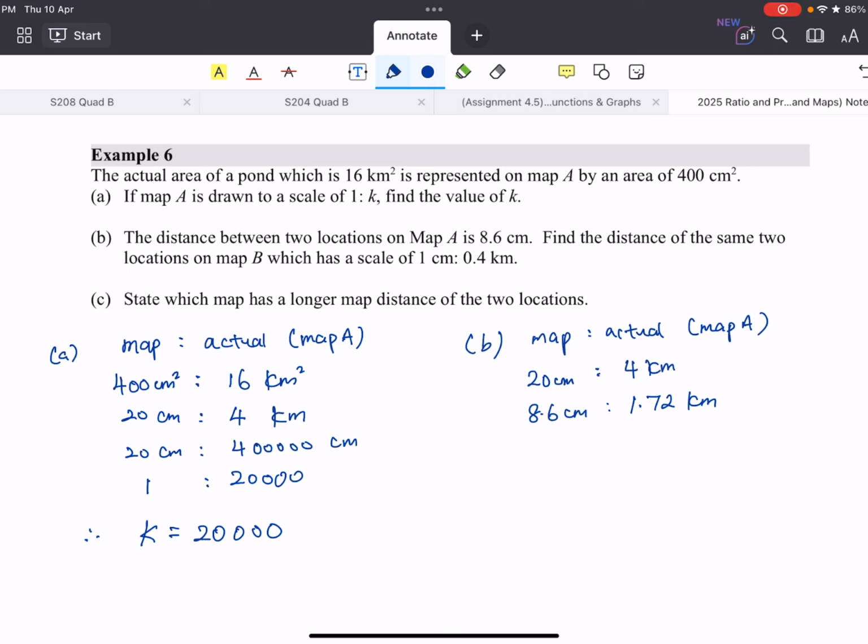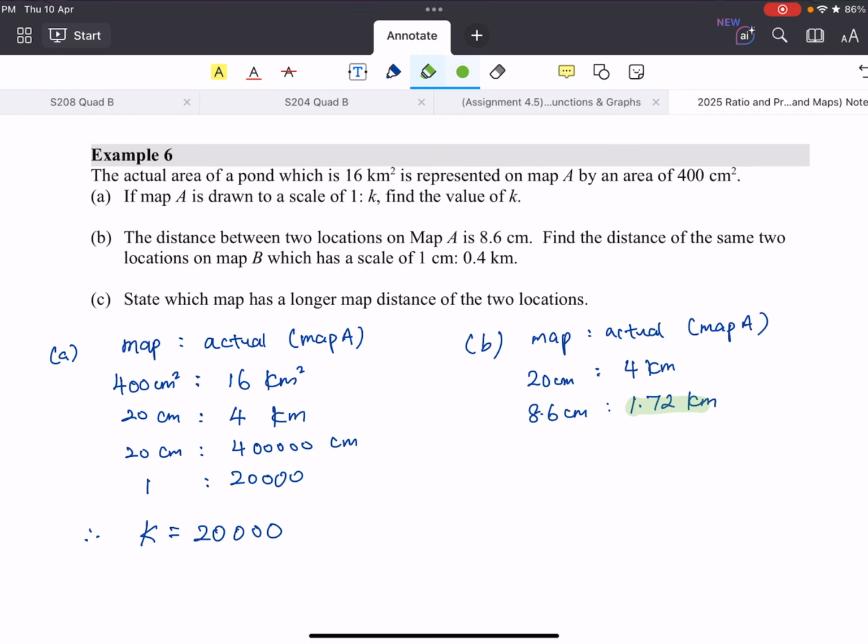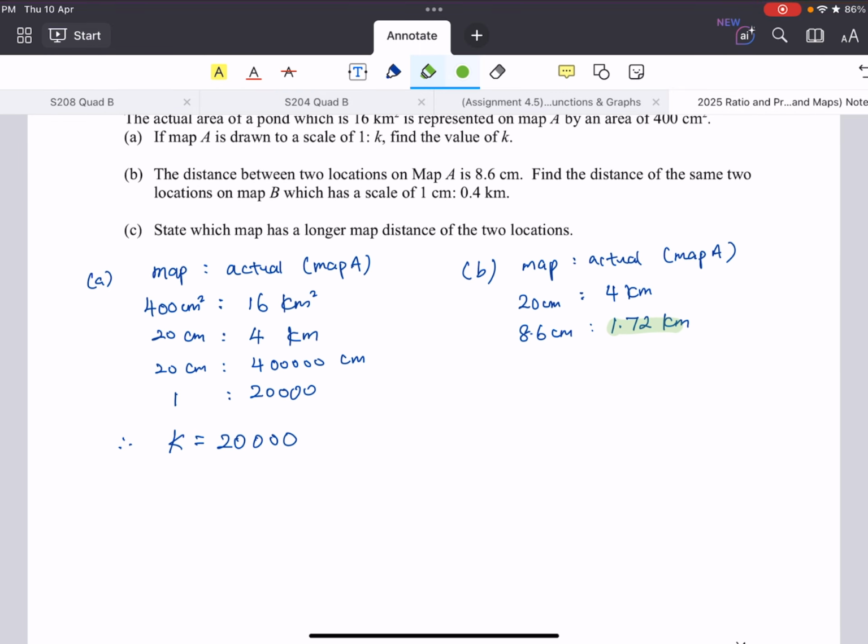Okay, so that is the scale for map A. So the actual distance, right? The actual distance is this one, 1.72 kilometer. So that's what we want to find. So now we move on to map B, right? So map B, we have actual to map, right? You may want to divide it to make things clearer.